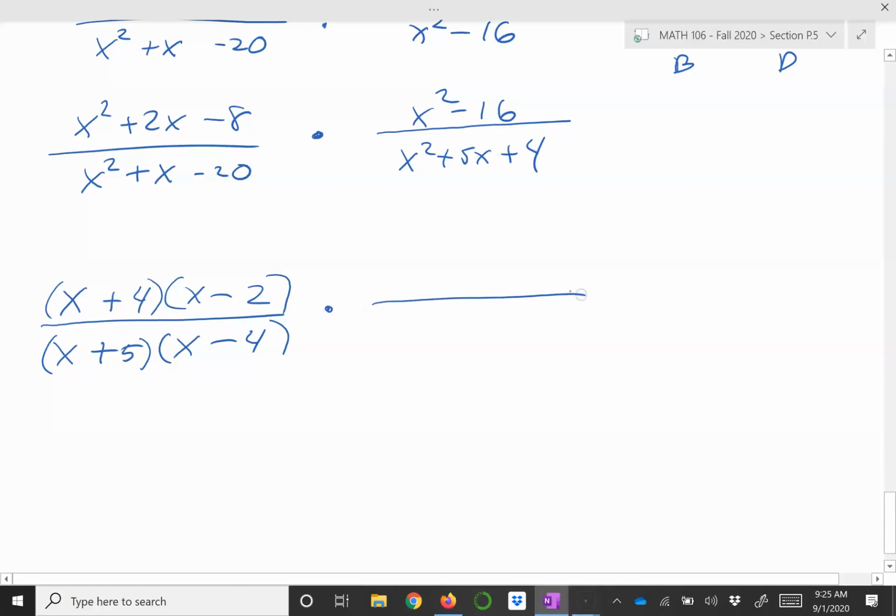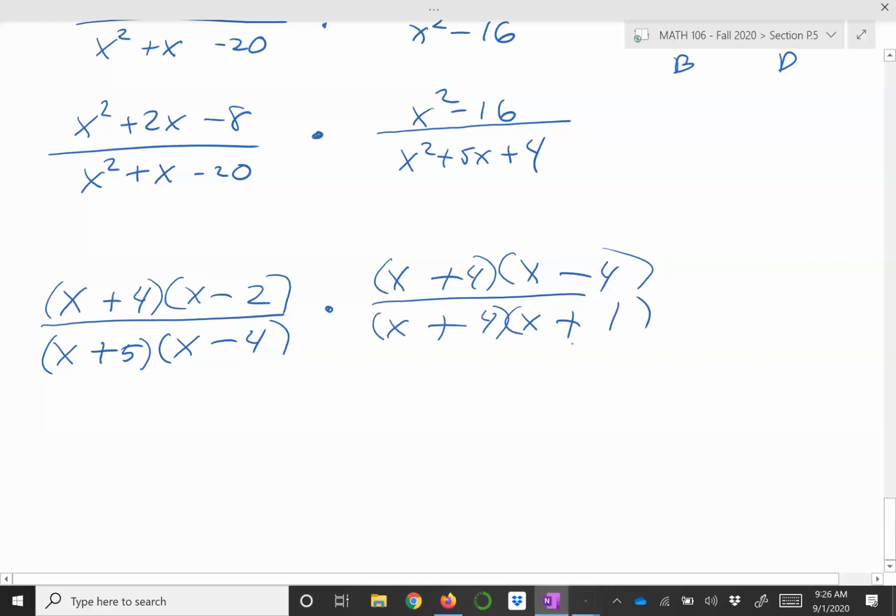Now, what do you see in the numerator here? That's the difference of squares. So it's x minus 4 times x plus 4. That one's easy. And then this new denominator one is also pretty easy. It's going to be 4 and 1, and I'm going to add them.